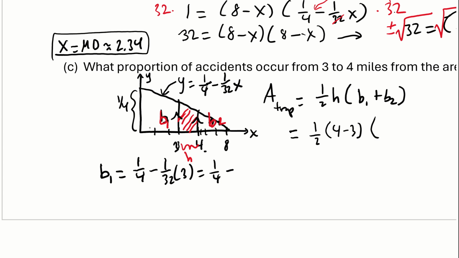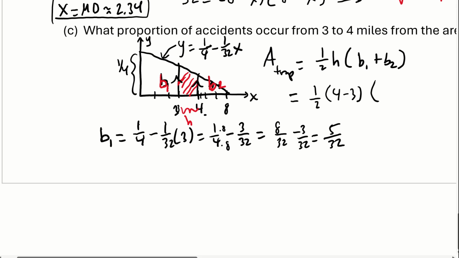We get 1/4 minus 3/32, and we have to combine those fractions, or you could just do it as a decimal, but we're going to do a little fraction math. 1/4, we multiply by 8 top and bottom, so that's 8/32 minus 3/32, which is 5/32. So that's my B1, 5/32.